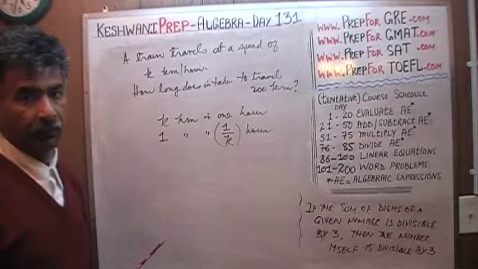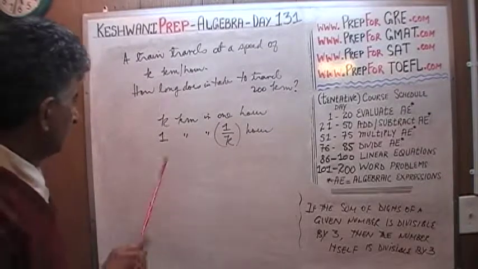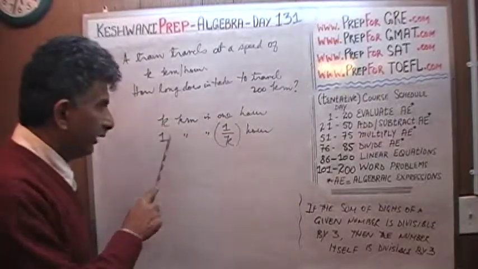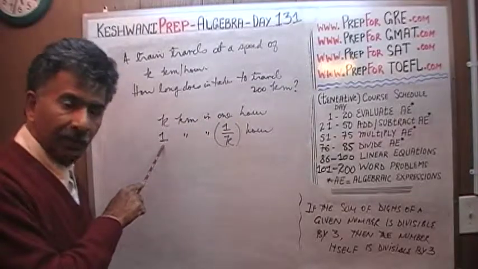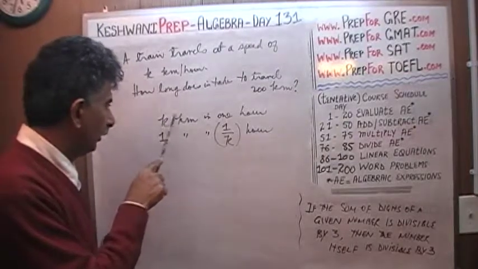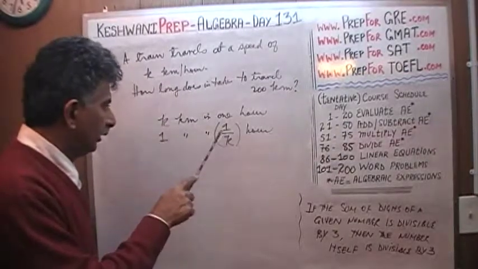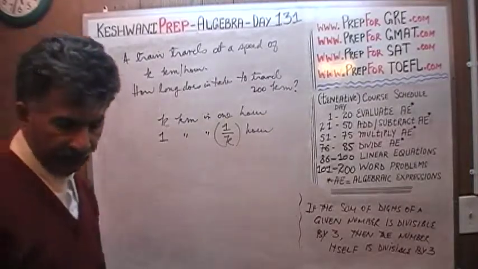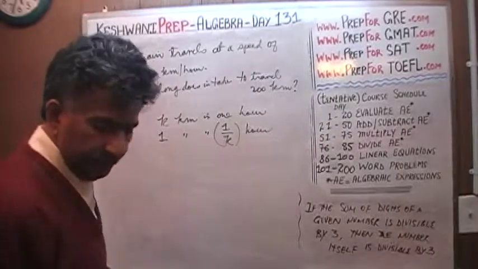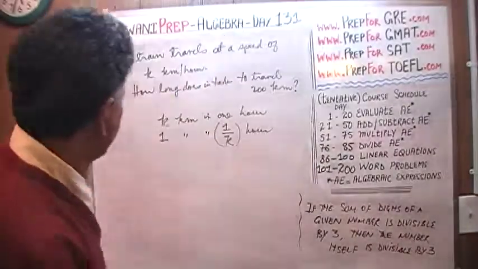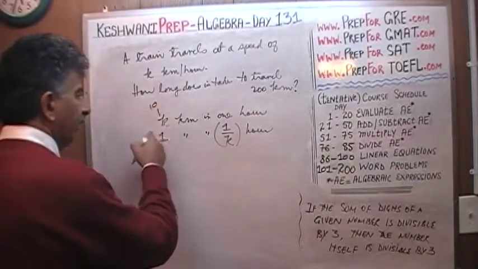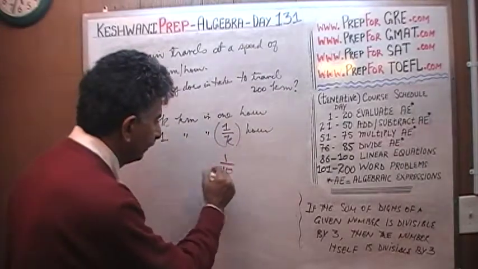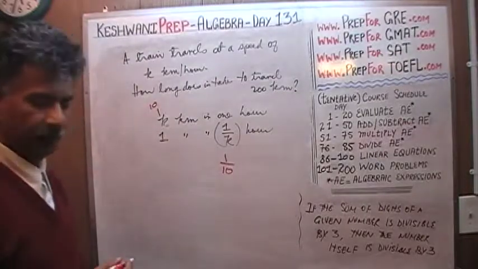If a train goes 2 kilometers in 1 hour, how long will it take to go 1 kilometer? Half an hour. There you go, 1 over 2. 2 is your k. If a train happens to go 10 kilometers in 1 hour, then 1 kilometer should take 1/10 of an hour, or 6 minutes. You get the idea.